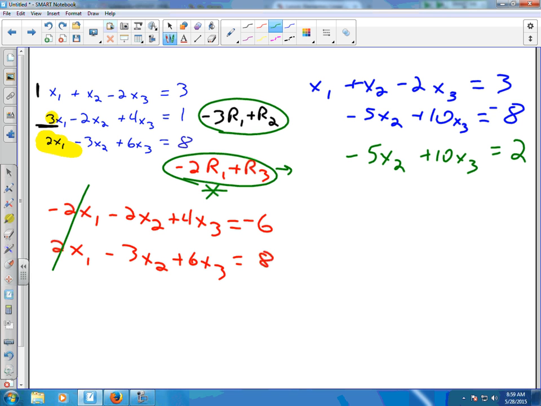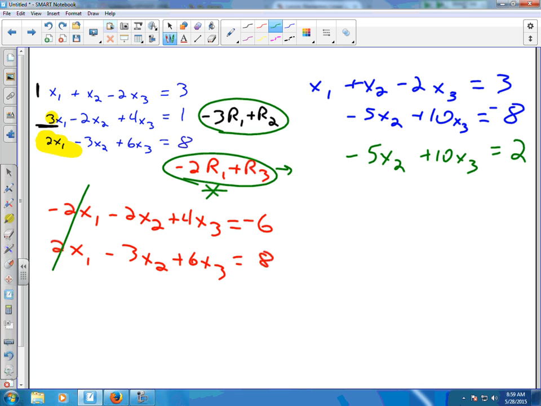Before we do anything else, anybody notice a problem? Is it completely the same? The left side's the same, but the right side's not. What do you think that tells us about the solution? Not 0. There'll be no solution.